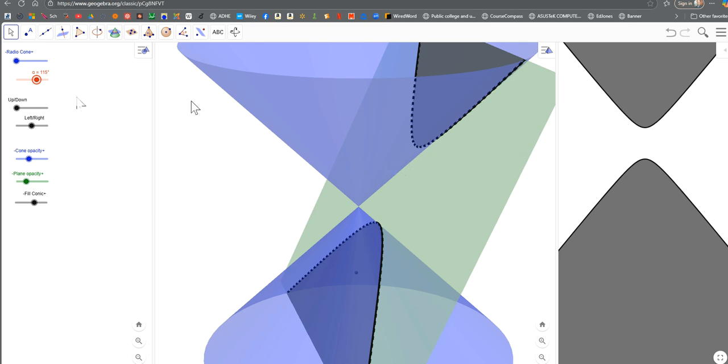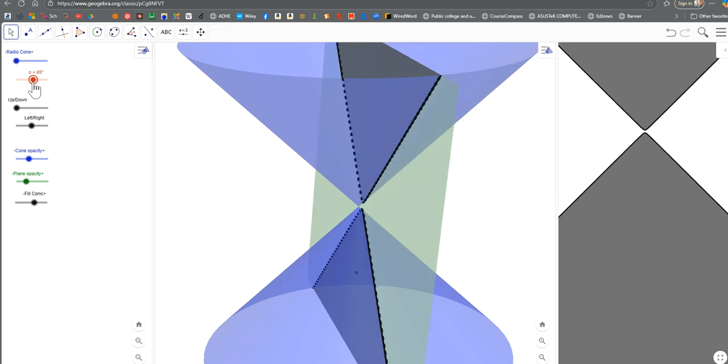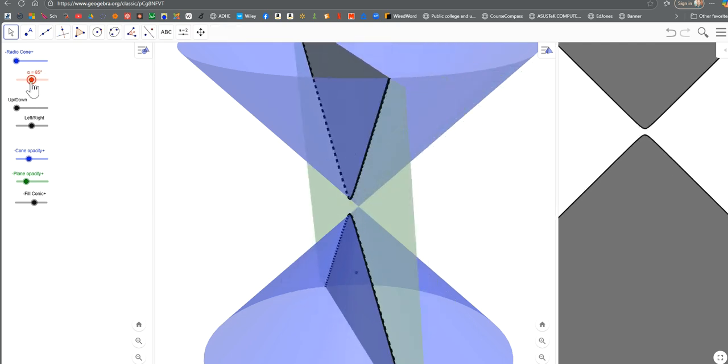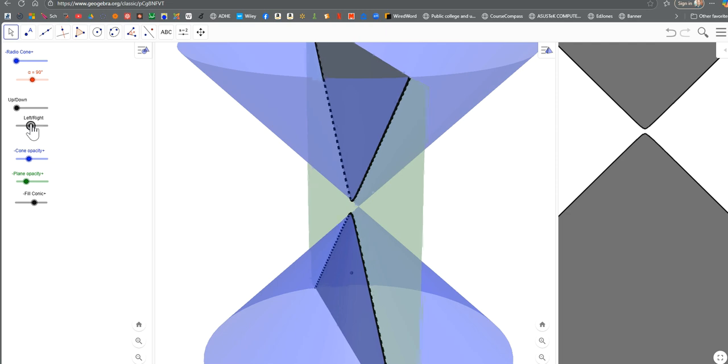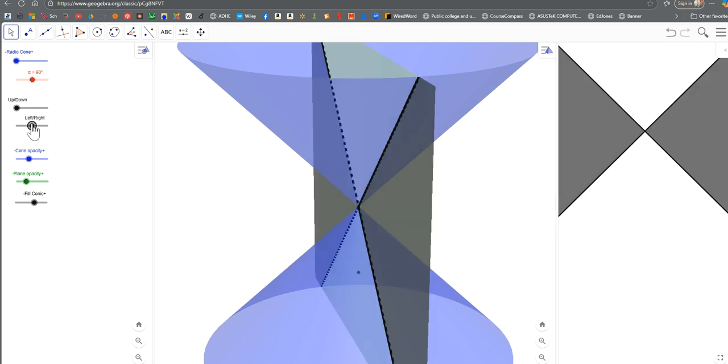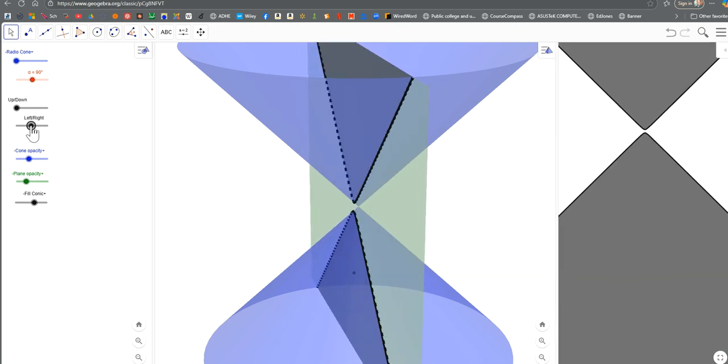Okay, and it is possible for this hyperbola to degenerate to two line segments if it happens to go right through the center, through this vertex. It is possible to get just one line segment.